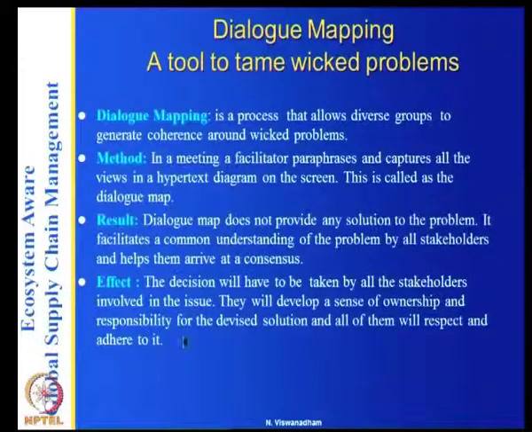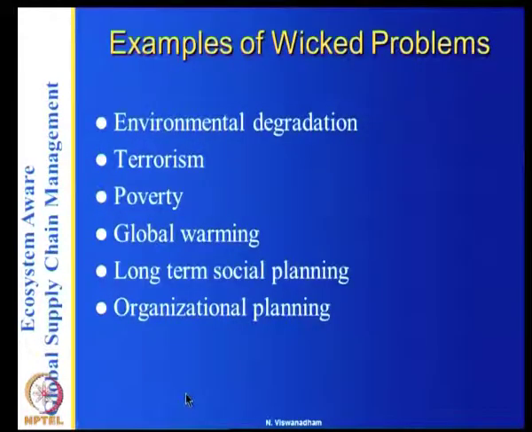There are several problems of this kind, and I don't know whether Tata's followed this dialogue mapping and had a meeting. Every time it ended up in a chaotic fashion. So there are a lot of wicked problems. One is environmental degradation. There is terrorism, particularly jihad, where they think they are saving the world, saving their religion, saving their people.